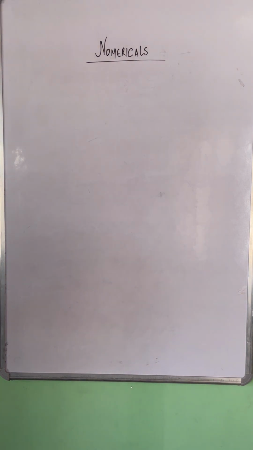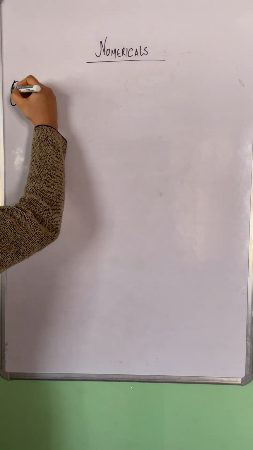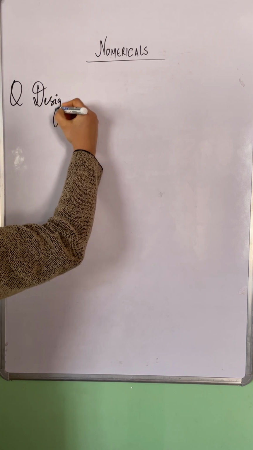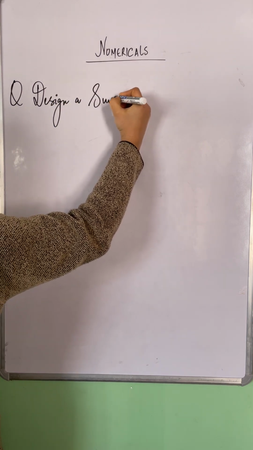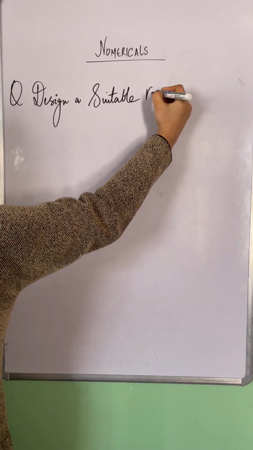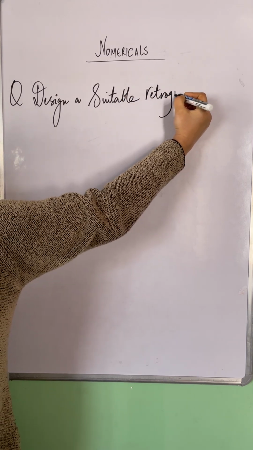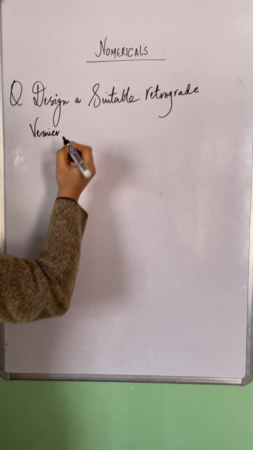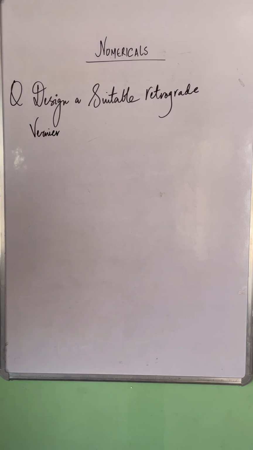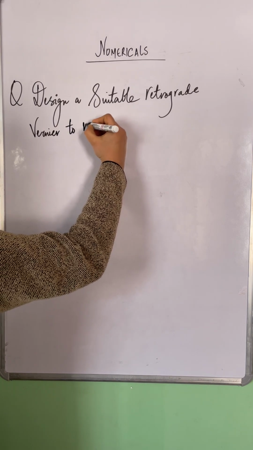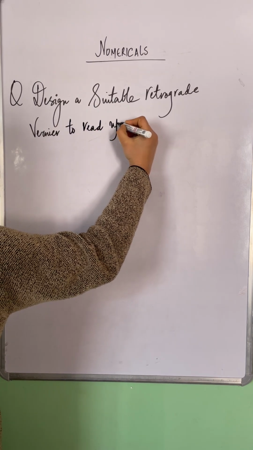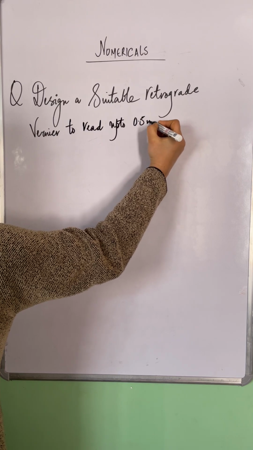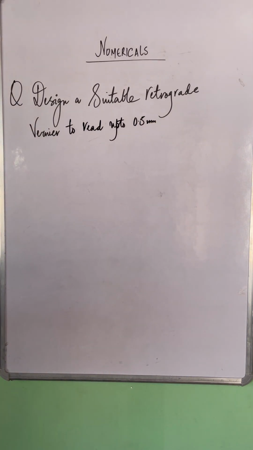Next question is, design a suitable retrograde vernier to read up to 0.5 mm if the main scale has graduations at every 5 mm.